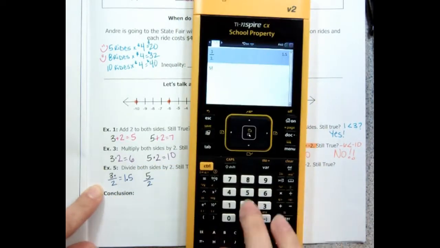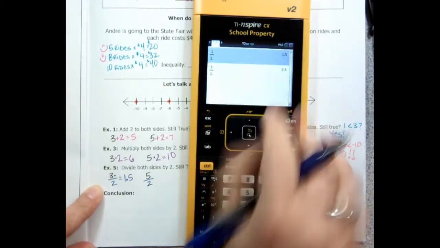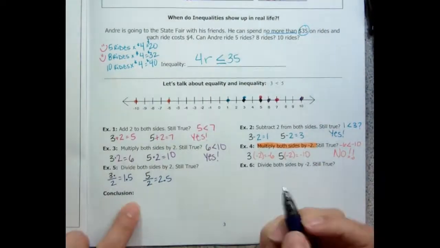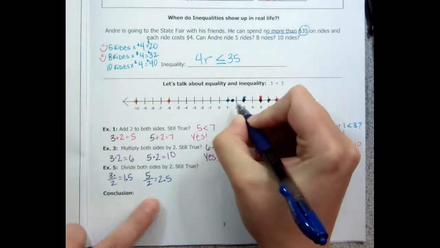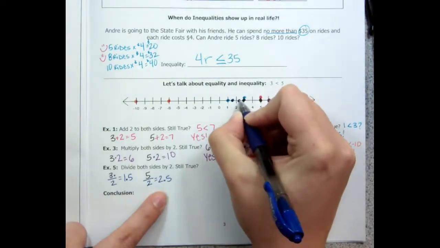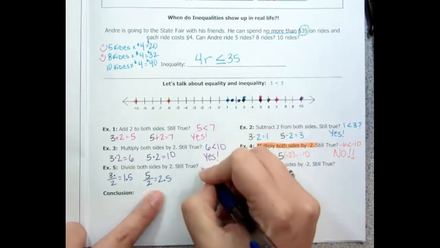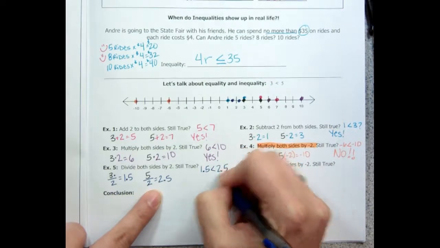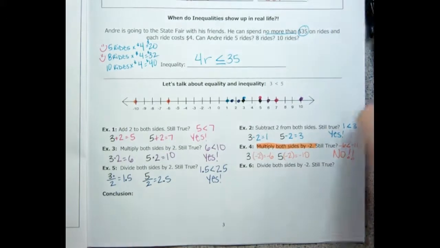And 5 divided by 2 decimal point is 2.5. So is 1.5 to the left of 2.5? Is 1.5 less than 2.5? Yes, still works.